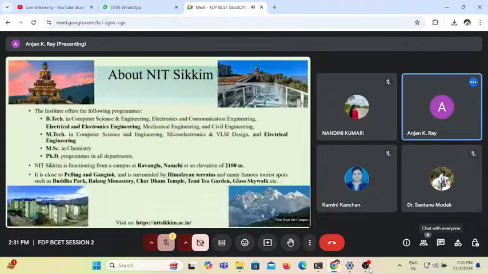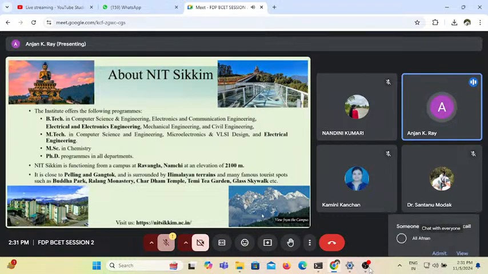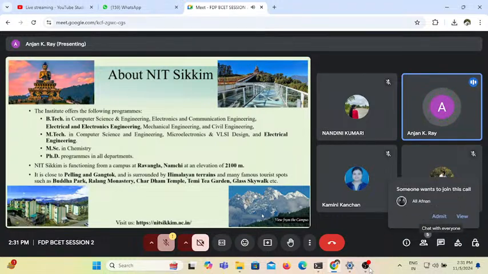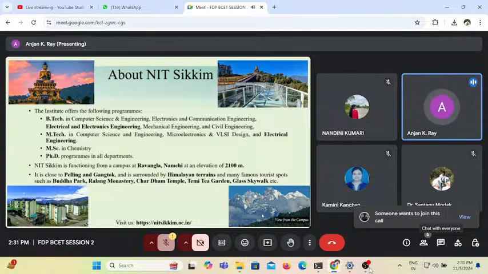So as mentioned in the introduction, as it is also related to community development and collaboration, I will briefly introduce NIT Sikkim to you all. The institute is an autonomous institute under the Ministry of Education, and it offers BTech in electrical and electronics engineering, electronics and communication engineering, computer science and engineering, mechanical engineering, and civil engineering.